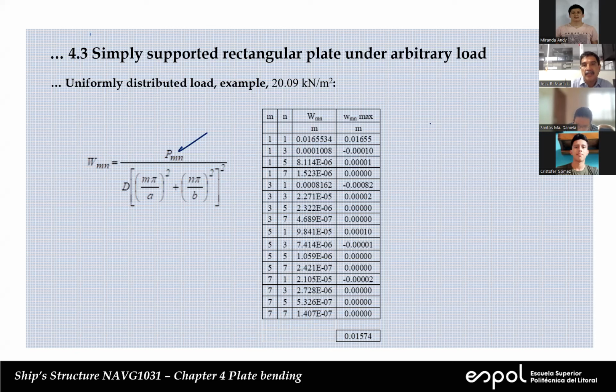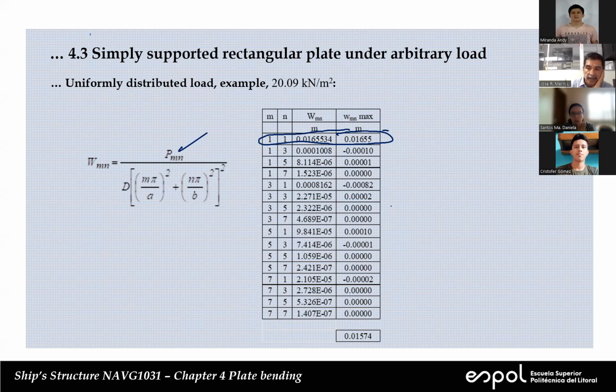So you see here, using only one term, 0.017. And here you have 0.016 using all of these terms. So that means that this is a good approximation for this result. But please, this is only valid for uniformly distributed load, okay?